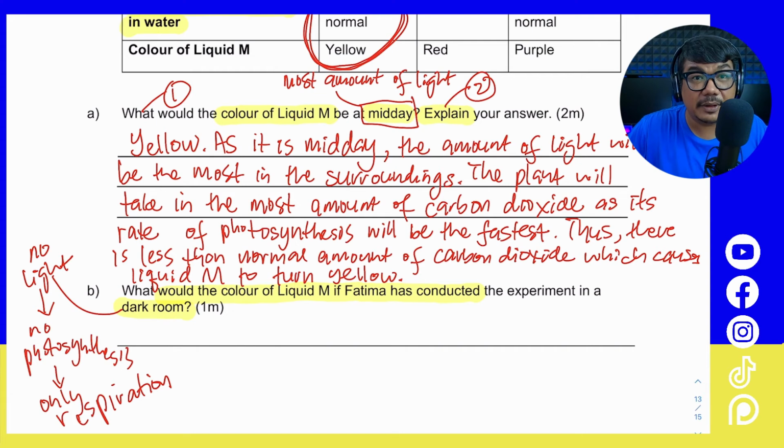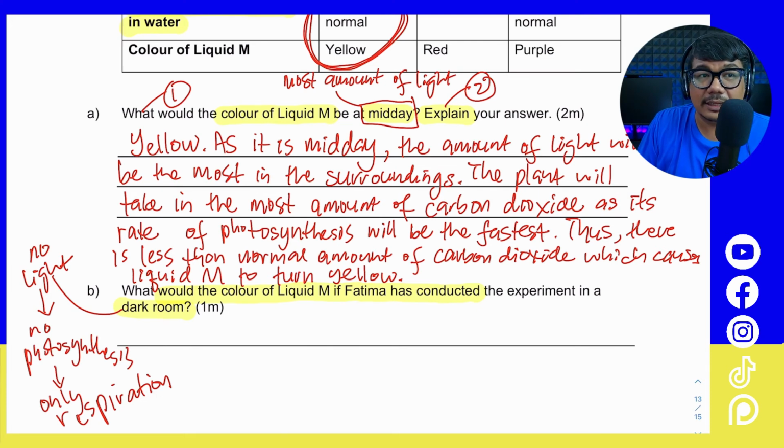So always remember, respiration happens 24 hours, all the time, throughout. So if there's no photosynthesis, respiration still carries on. Alright, so in this case, if only respiration happens and carbon dioxide is being produced, so that means the amount of carbon dioxide in the water, will it be less than normal, same as normal, or is it going to be more than normal?